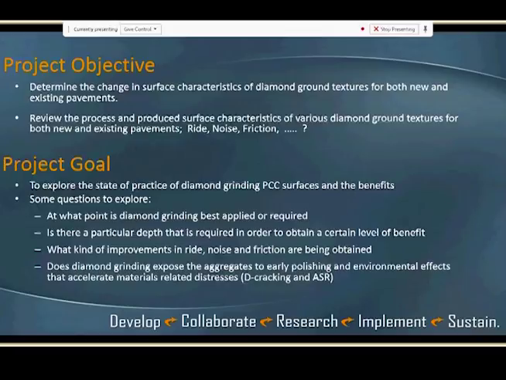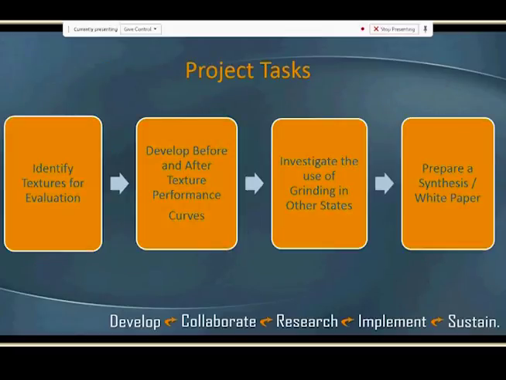So most of these we ask the states to provide the information, and we're just synthesizing that information. We're not analyzing it or developing it or anything like that. So the first step, we want to identify the textures that are to be evaluated and the specifications people are using.